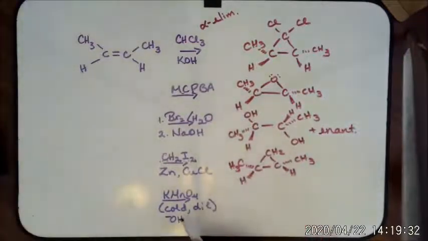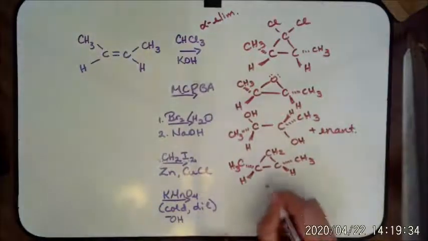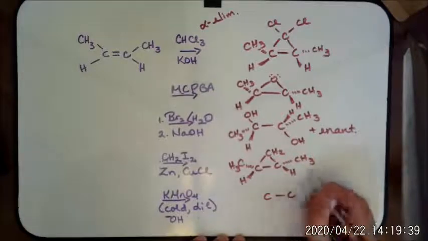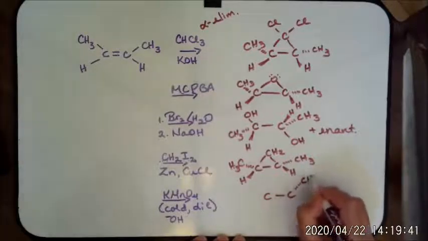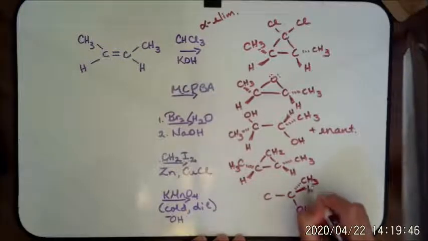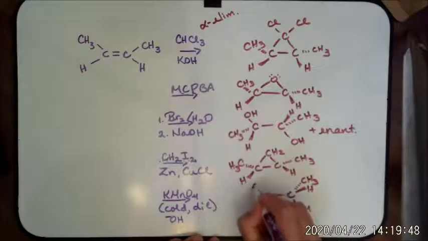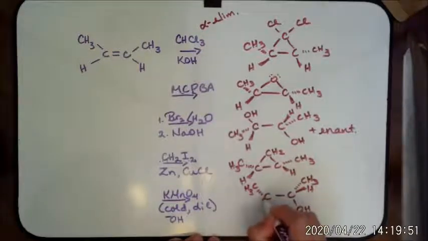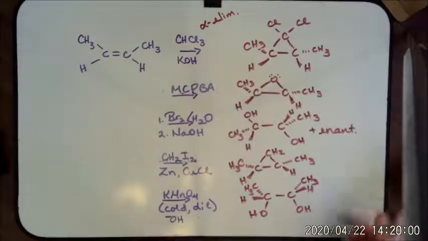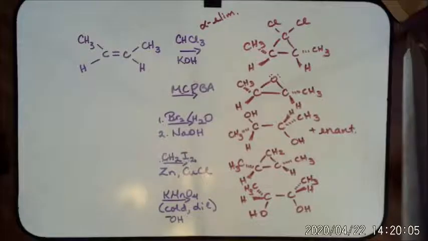And finally, this is doing the syn hydroxylation, making the diol. And as you can see, this is meso, so we don't have to worry about saying plus enantiomer. Okay, so now let's continue on with the rest of our alkene chemistry.